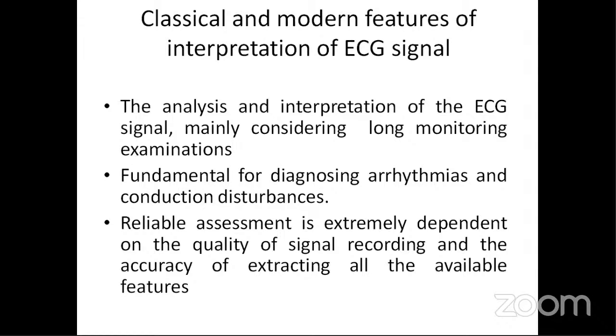The second one is that it is used to diagnose arrhythmias and conduction disturbances. And third, the reliable assessment depends only upon the quality of the signal recording and the accuracy of extracting all the features of the ECG signal.